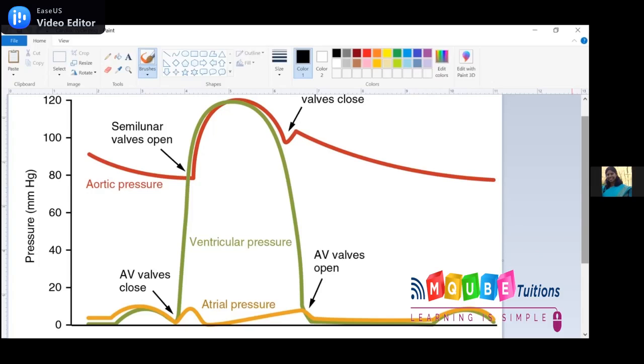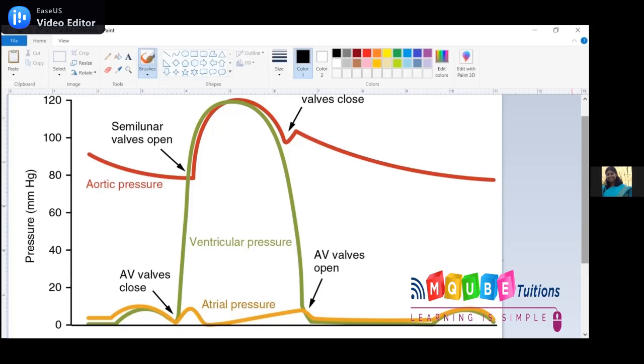But the entire left side collects the oxygenated blood and circulates it to every organ in the body. That's the reason the ventricle on the left side has thicker walls, correct? Because it has to contract and give pressure so that the blood flow reaches all the organs.